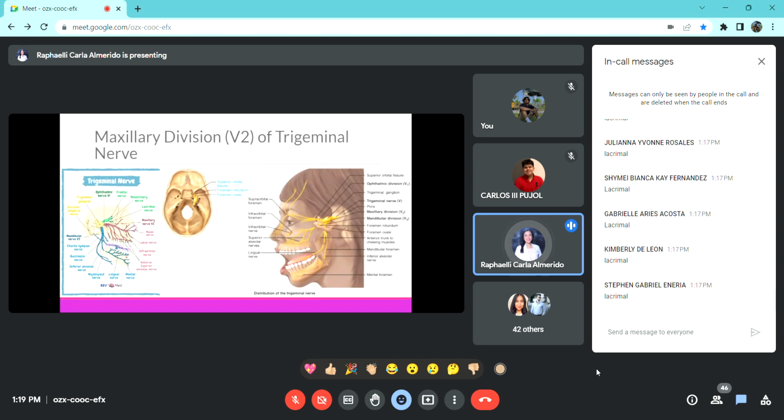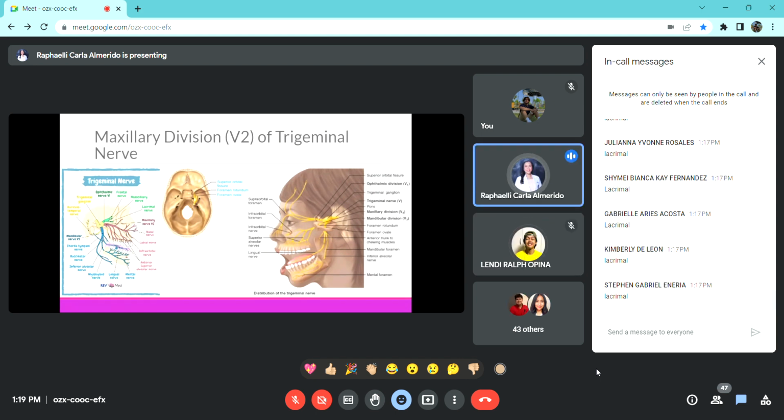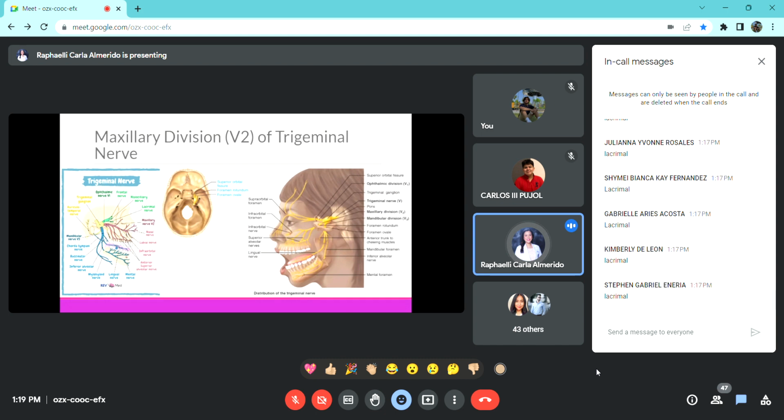Therefore, majority of the innervations are considered as afferent nerves also. And unlike the ophthalmic division, lumalabas siya in the cranial region through the foramen rotundum. Okay? And it passes out into your pterygopalatine fossa.